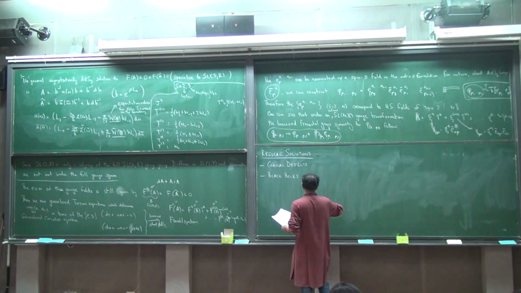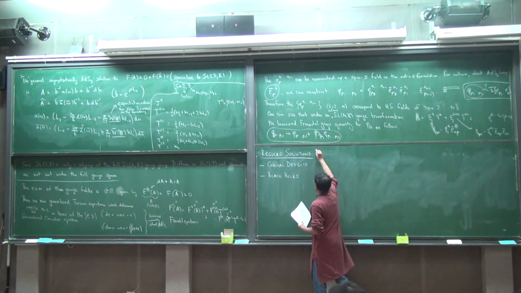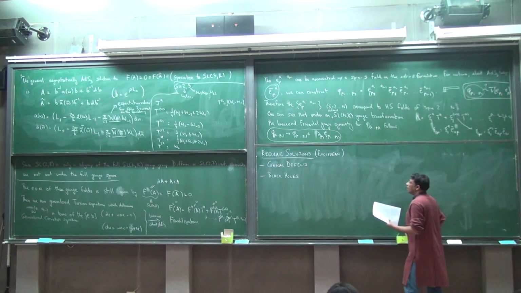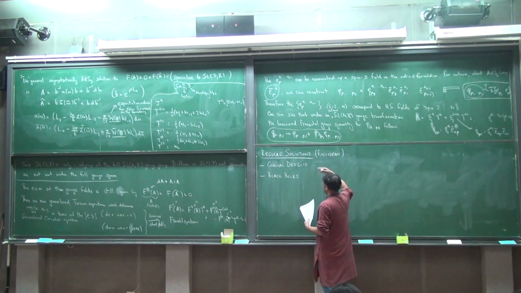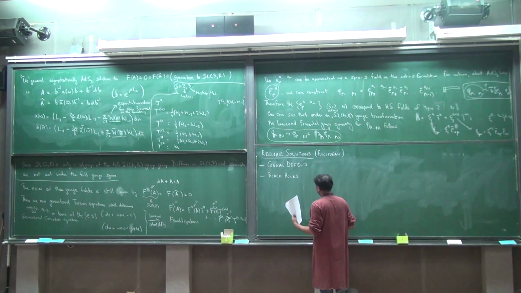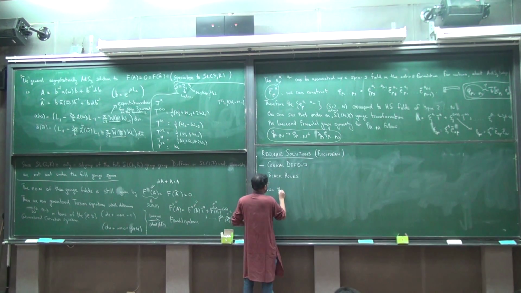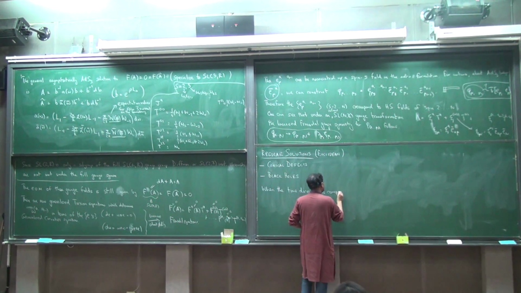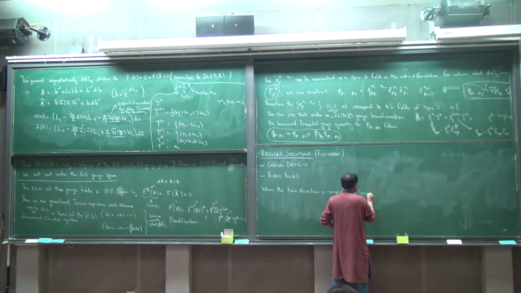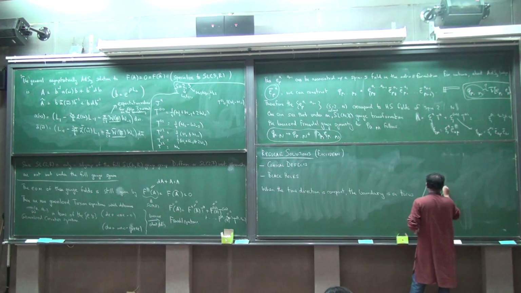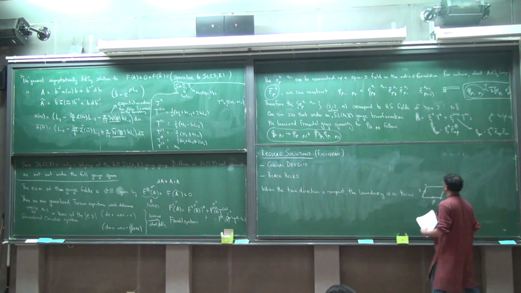So the reason for this broad classification is that if we are looking at the Euclidean theory, and we compactify the time direction as well, as I discussed in the case of the BTZ black hole, when the time direction is compact, the boundary is a torus, which is parametrized by the phi direction and the t direction, and by a parameter tau.